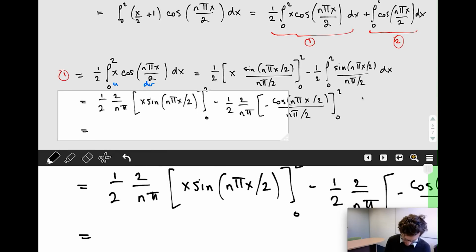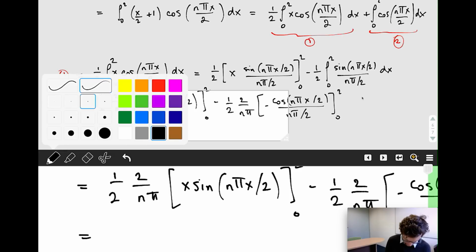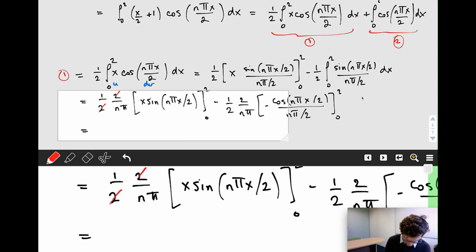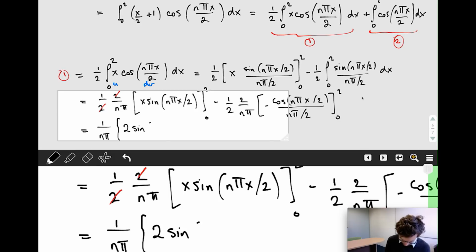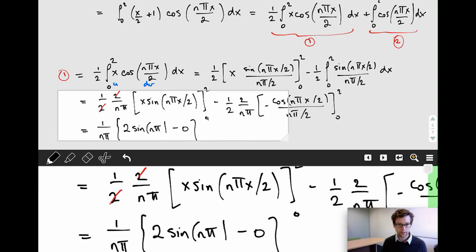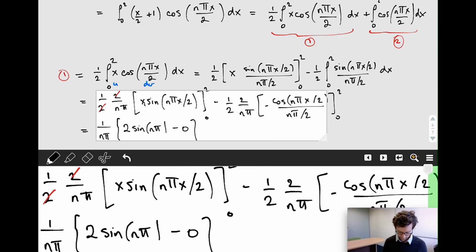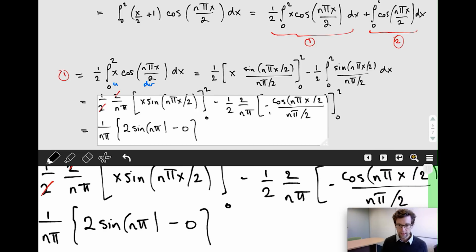Sticking in the values of x, I've got one over n pi. X is equal to 2 sine n pi, minus, when x is equal to 0, that second term will vanish, so x equals to 0 substituted in here gives me 0. I can take out that minus 1 over n pi over 2.